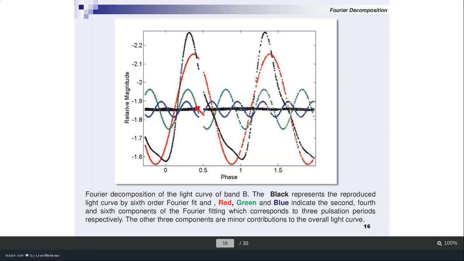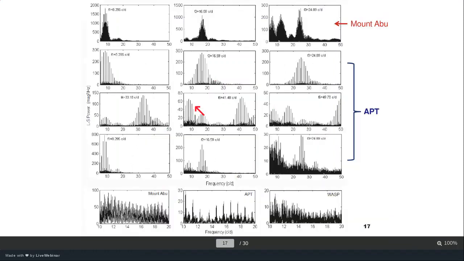Let me show you the next slide, the results of this. Now when you do the frequency analysis using DFT, Fourier transformation, or I rather use the Lomb-Scargle, LS method, periodic analysis, this is the periodogram.